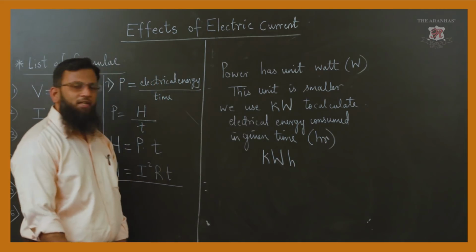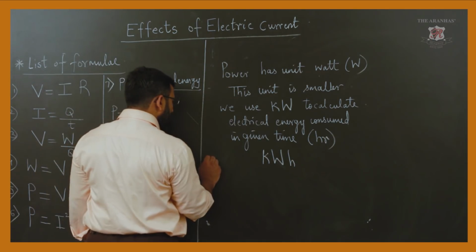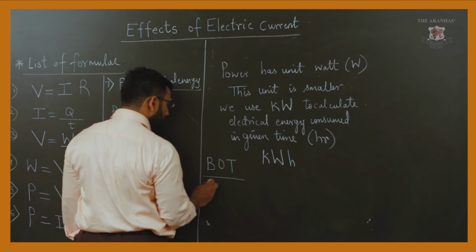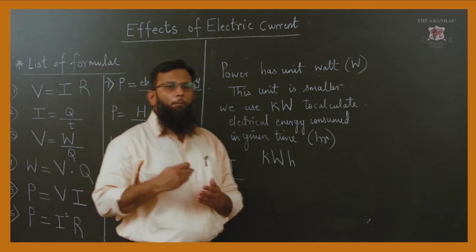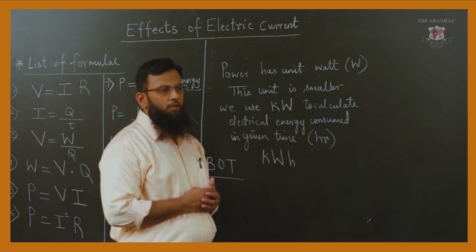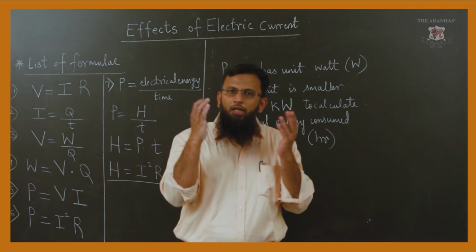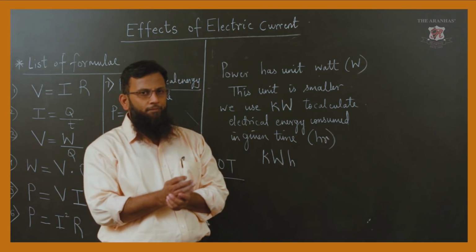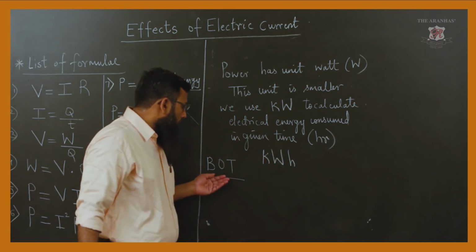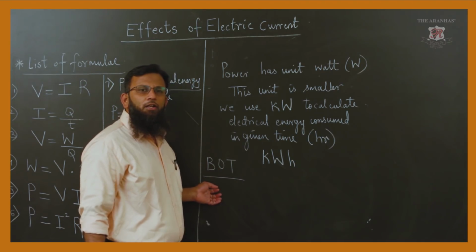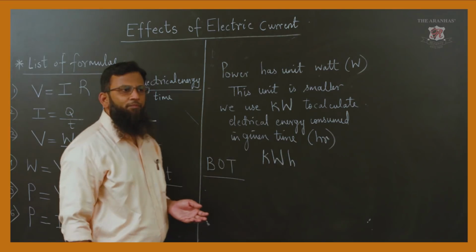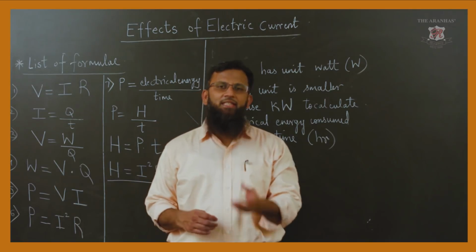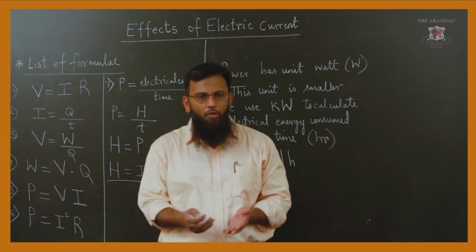In previous old syllabus, this article was called BOT. BOT stands for Board of Trade. Like the local electricity board for a particular state, for a particular district, they sell electricity to the consumers. So, when they sell the electricity to the consumers, they must be having some rate, like we purchase things outside.